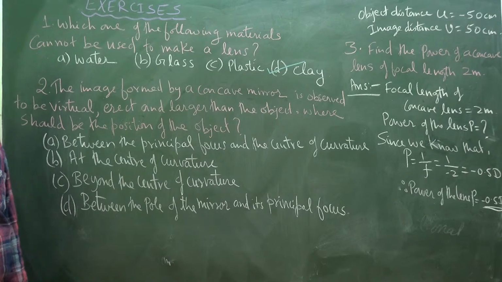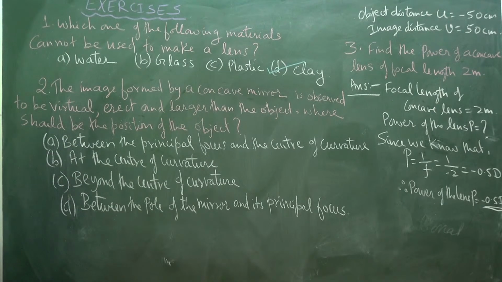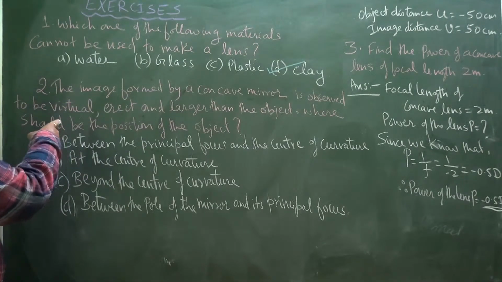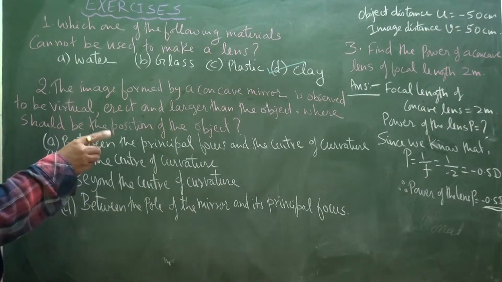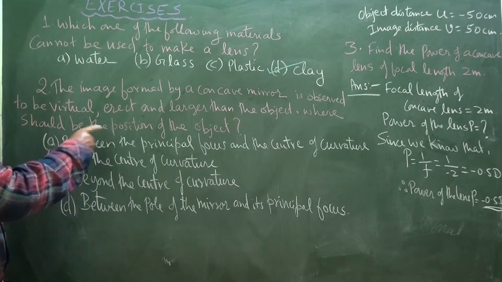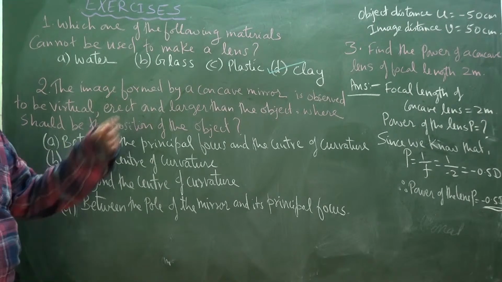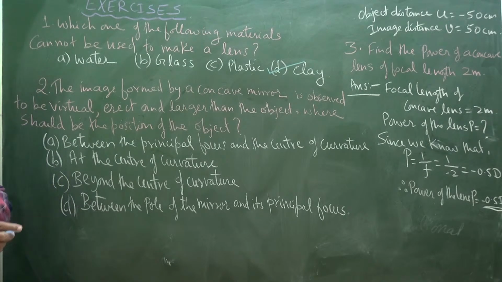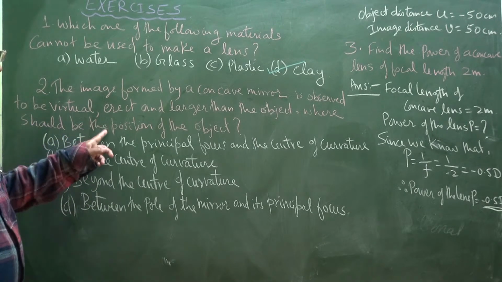We should think and mark it. The image formed by a concave mirror is observed to be erect and larger than the object. Where should be the position of the object? So many ray diagrams in case of concave mirror we discussed. Okay, children. So where should be the position of the object?